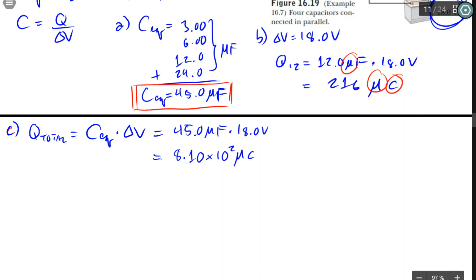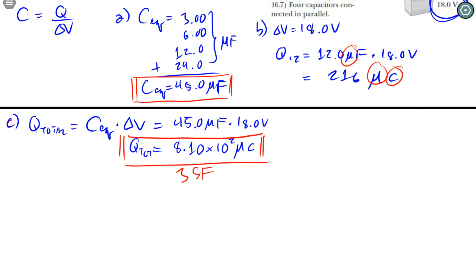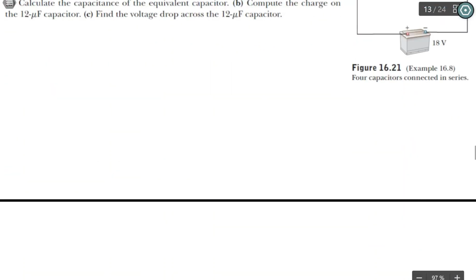But the answer, if we keep it in 3 significant figures, would be 8.10, because it has 3 significant figures. Okay?